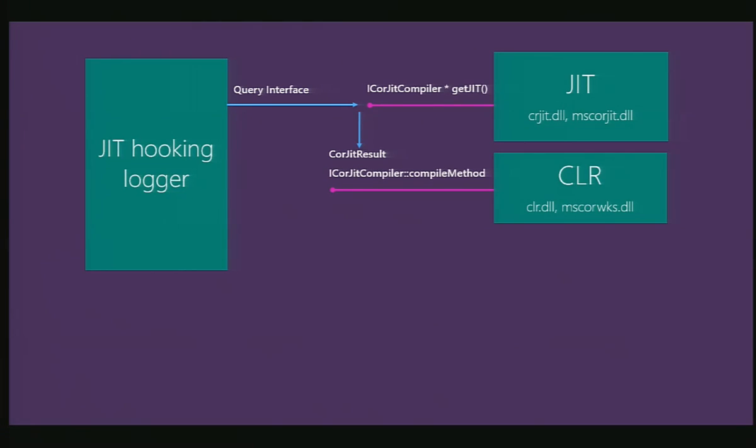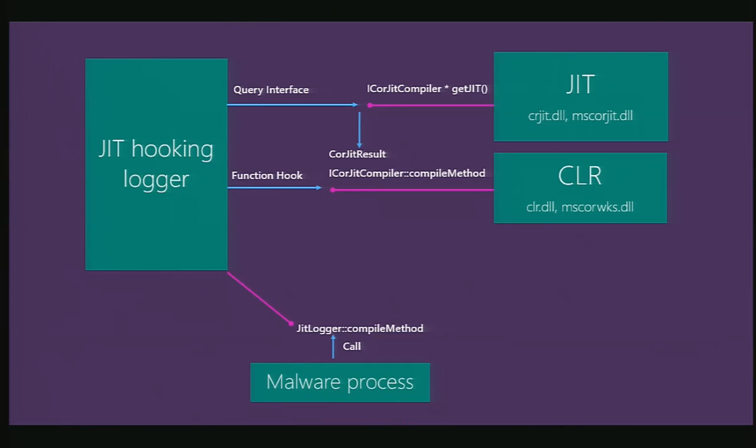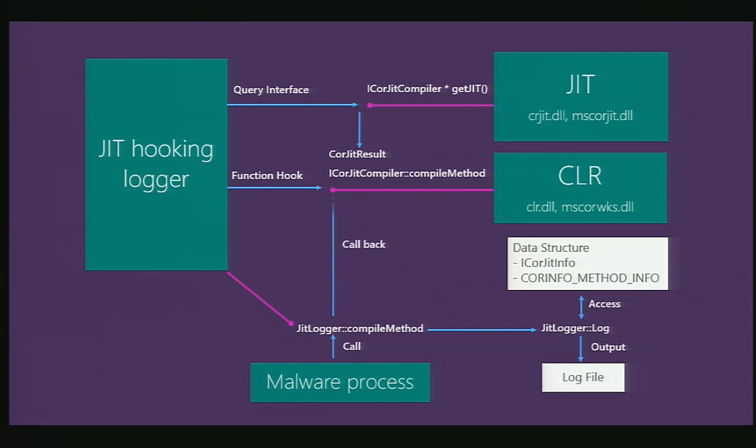Inside this ICorJitCompiler, I hook its compileMethod, so that every time a malware process calls the compile method during its running time, it will first go into my log function, which will access some internal data structures and then output the internal functions.